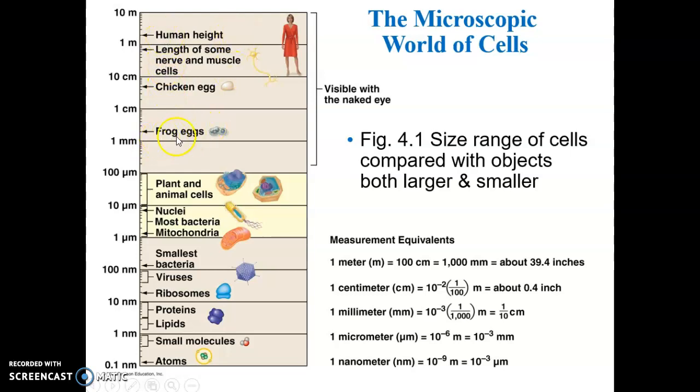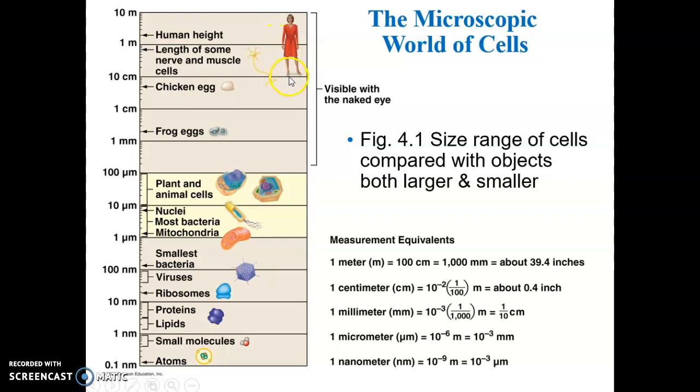Okay? Frog eggs, you can actually see them with the naked eye. 1 millimeter, that's 1 centimeter. We're using the metric system here. 10 centimeters, a chicken egg. Some nerve and muscle cells can actually get pretty long.